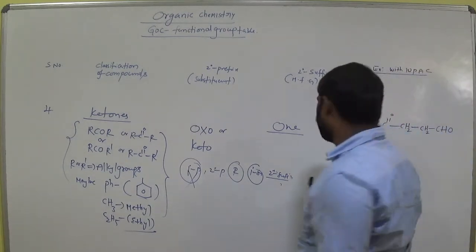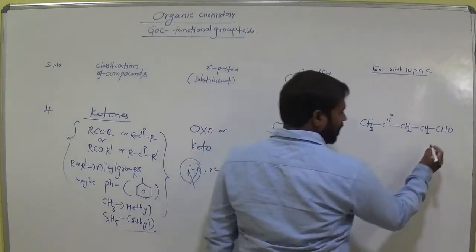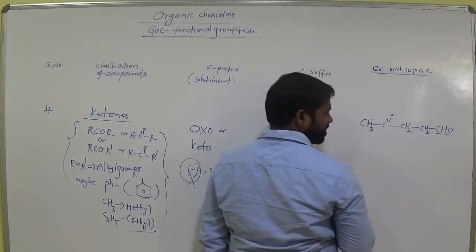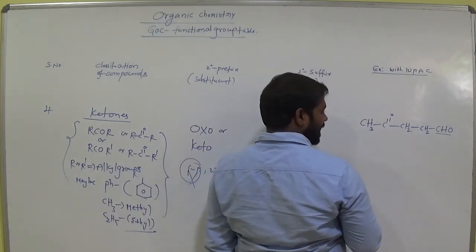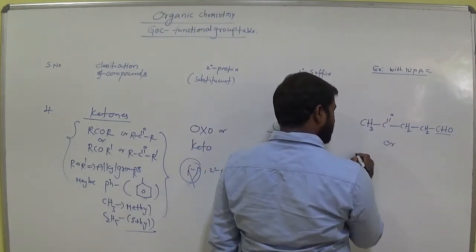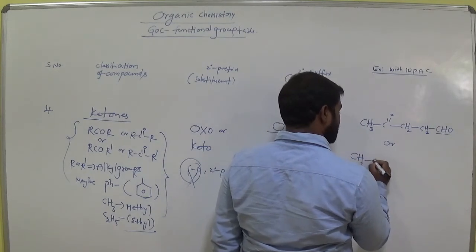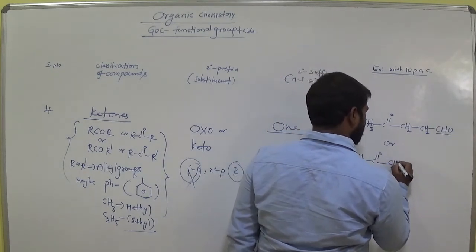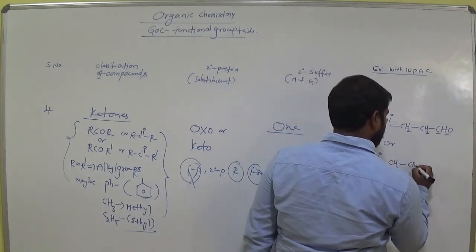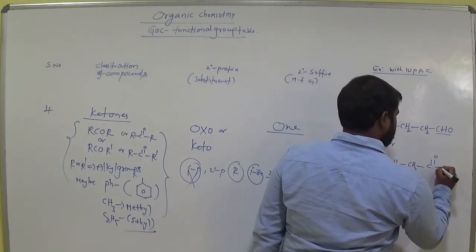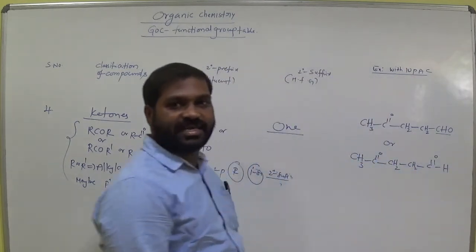Here, if you observe, two functional groups are present. One is aldehyde, CHO, and you can also write this as C double bond OH for your convenience. Okay, students, clear?